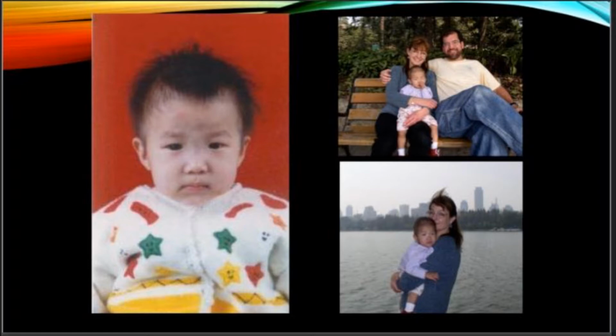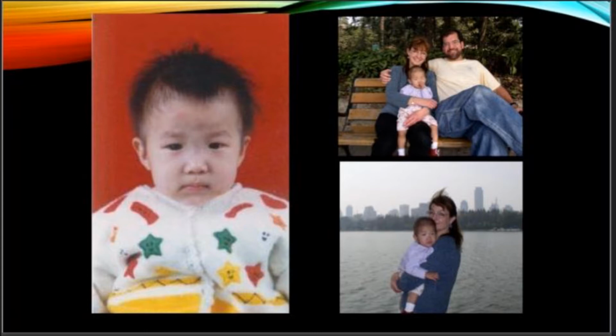So this is why I care about international adoption medicine. This is my little sister, Claire Jinglin. Jinglin was the Chinese name that she was given when she was placed in an orphanage. She was left by her family to be found by the orphanage, and she spent the first 14 months of her life in a Chinese orphanage there.